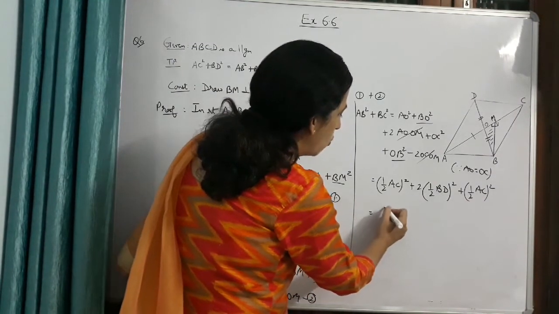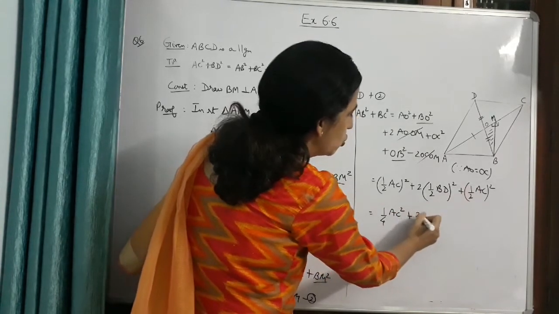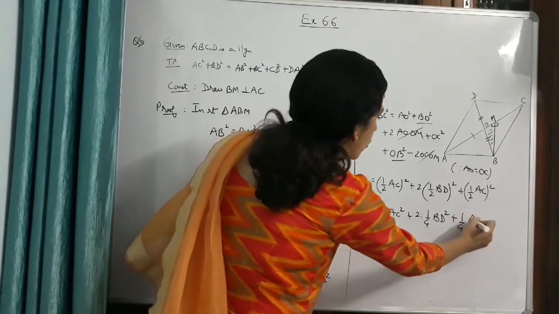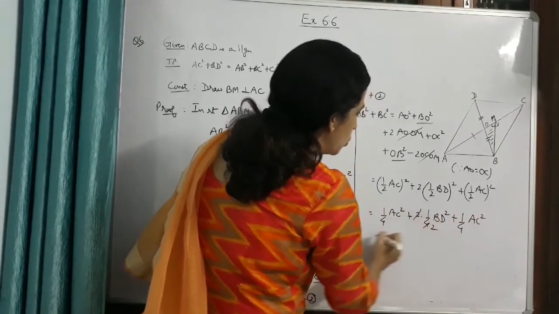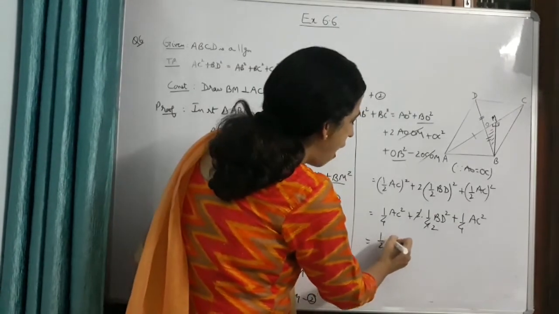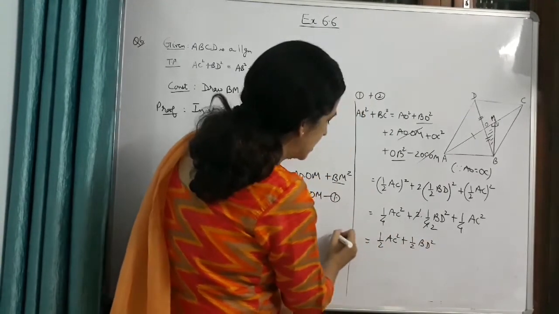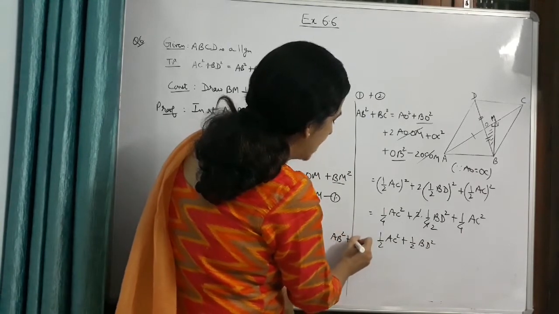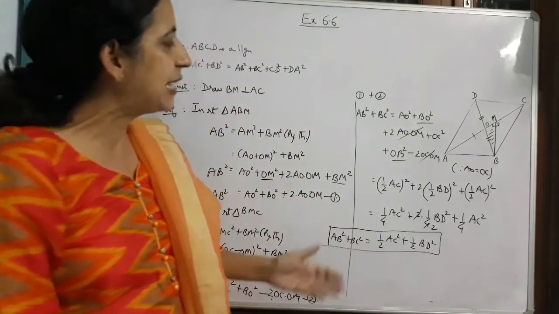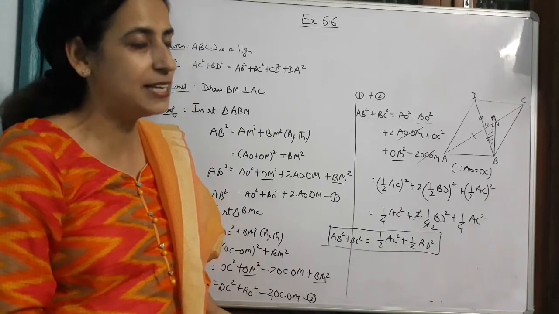This becomes 1 by 4 AC square plus 2 into 1 by 4 BD square plus 1 by 4 AC square. 1 by 4 AC square plus 1 by 4 AC square becomes half of AC square, plus half of BD square. This is AB square plus BC square. So we have proved that AB square plus BC square is half of AC square plus half of BD square.